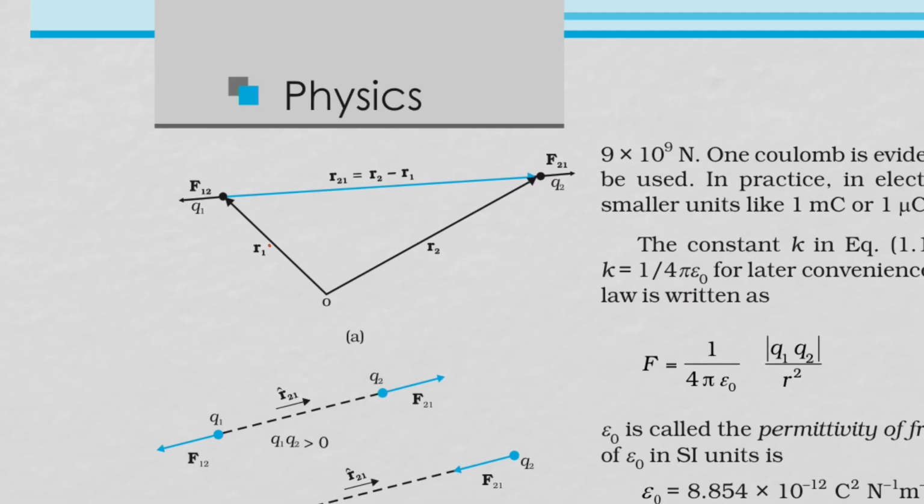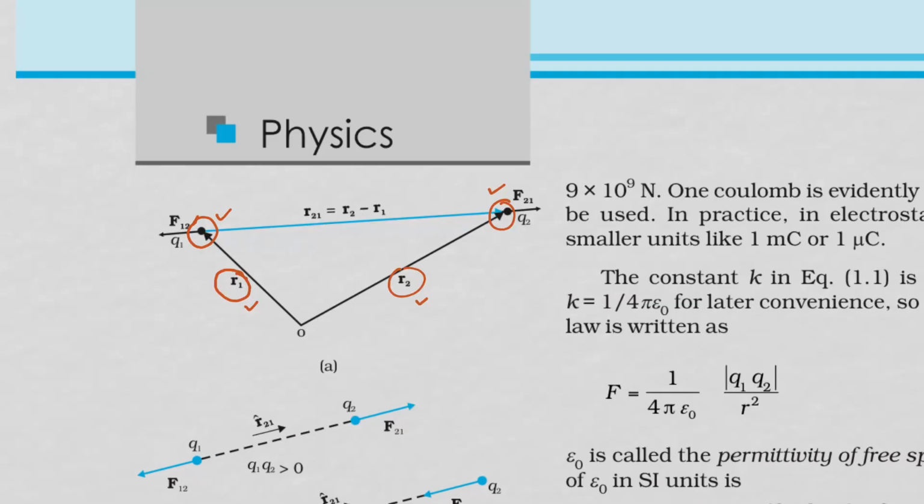Let us understand the vector part of Coulomb's law. Here, charge Q1 is placed in space, and the position of this Q1 is r1. r1 is the radius vector of this charge Q1, and r2 is the radius vector of the charge Q2. So these are the positions of Q1 and Q2, denoted by vector r1 and vector r2.